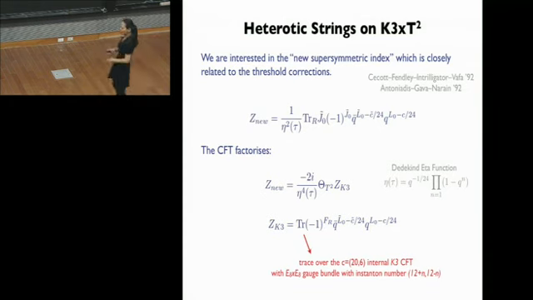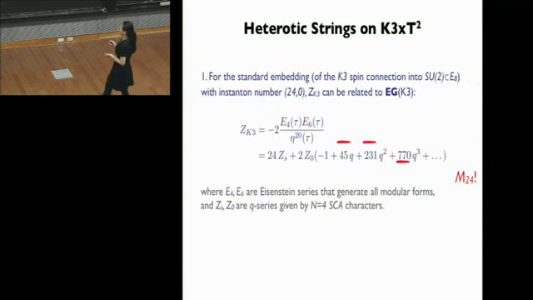And the most well-studied example of this is the so-called standard embedding, where you just embed the K3 spin connection into one of the E8 and have the other E8 totally unbroken. And the instanton number, of course, is then 24, 0. And then in this case, by a worldsheet argument, you can relate what we defined earlier to the elliptic genus of K3.